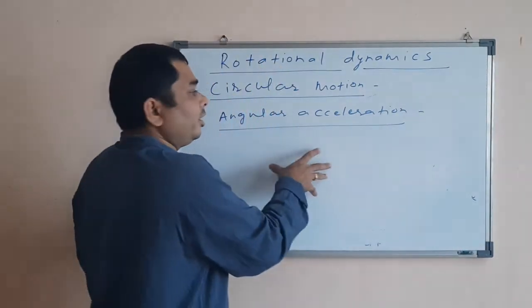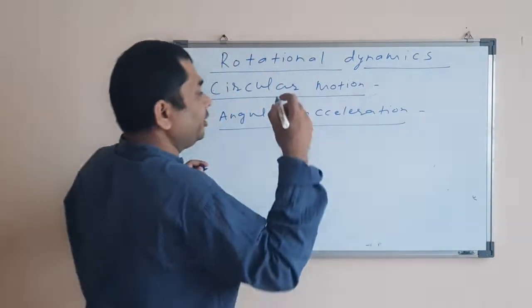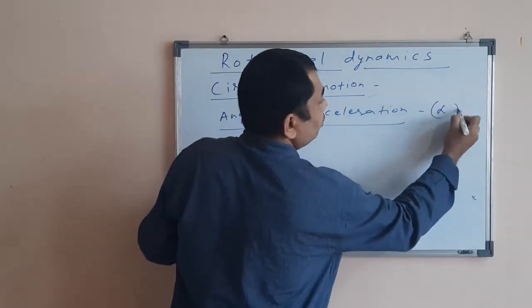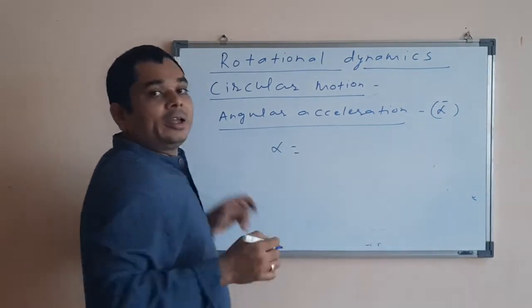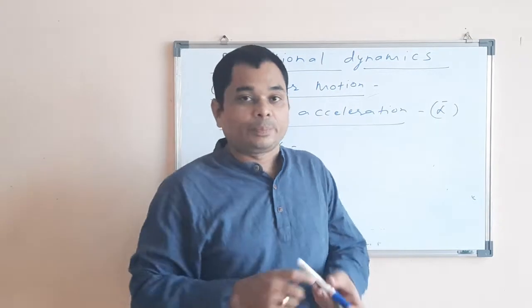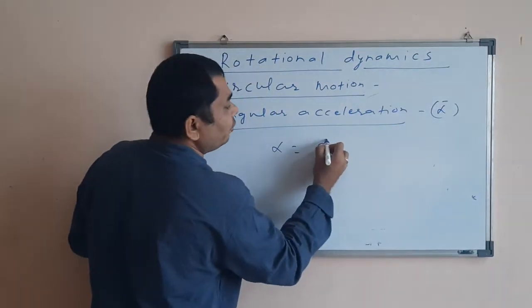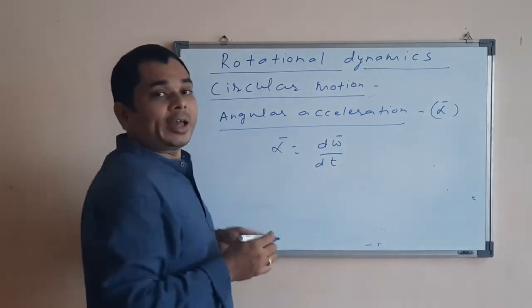So this change in the angular velocity is measured by angular acceleration. It is represented by alpha. This is also a vector quantity. So angular acceleration is the rate at which the angular velocity changes with time. So the rate of change of angular velocity with respect to time is angular acceleration.